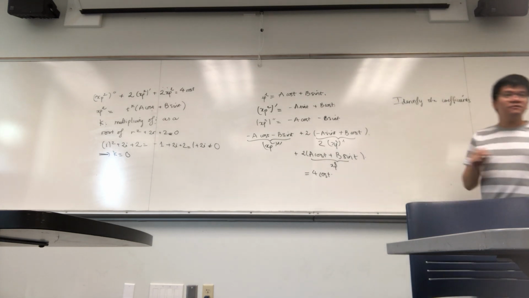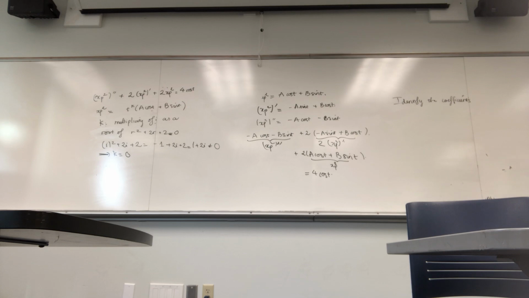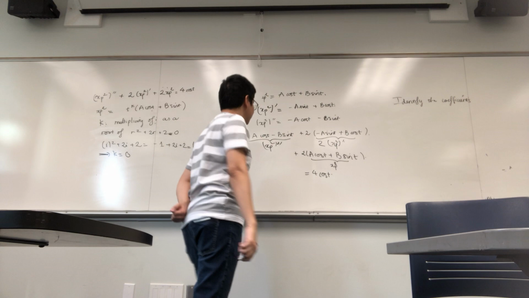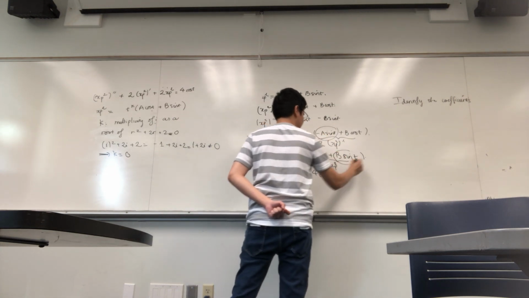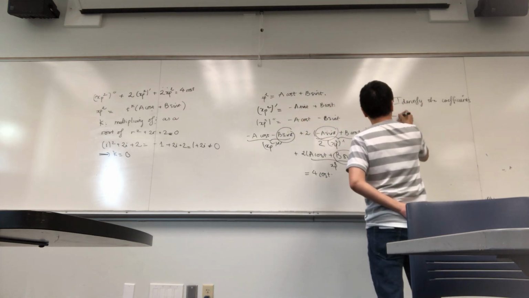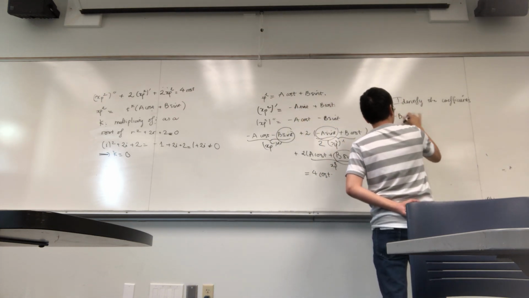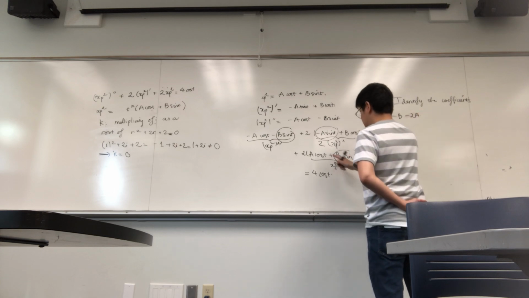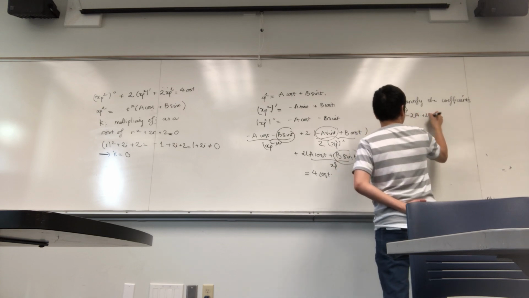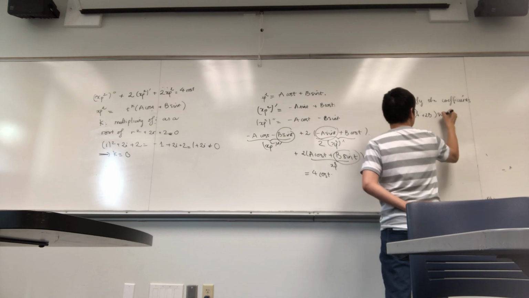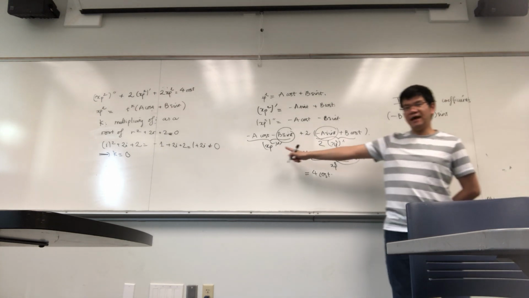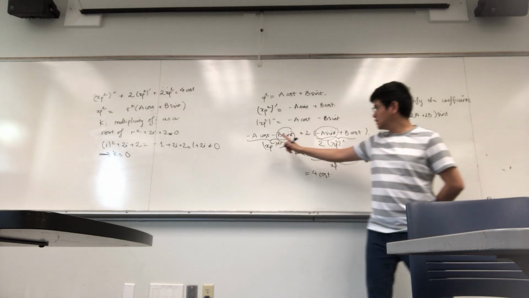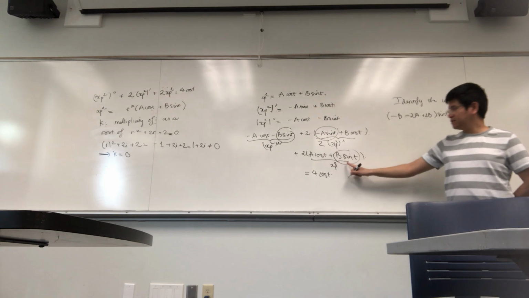So in order to find a and b, you identify the coefficient. You group all of the a and all of the b. Here you have sinus, here you have sinus, and here you have sinus. So I have minus b plus minus 2a plus 2b sinus of t. I group all of the coefficient of sinus: minus b minus 2a plus 2b.